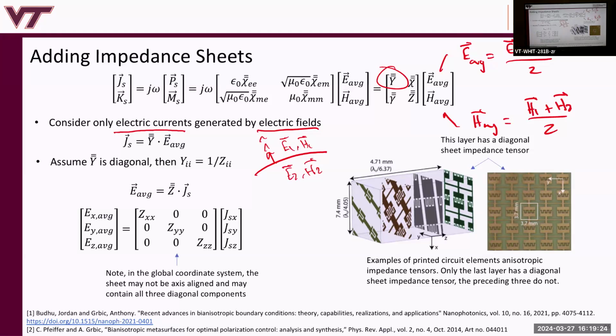Okay, in that case, then what is the boundary condition for magnetic current? So here we have K, right? K is equal to negative N1 crossed with E1 minus E2, right? Okay, if this has to be equal to 0, what do we know about the tangential electric fields E1 and E2?